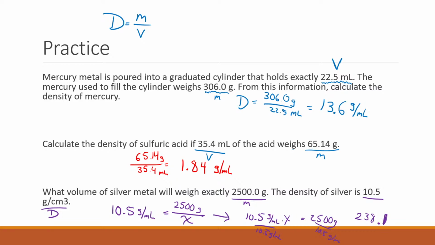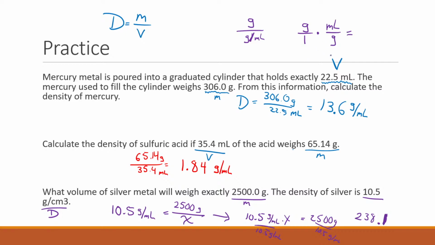And here, I'm going to do this up top here, when we have grams divided by grams per milliliter, grams are actually going to cancel out. We can treat this like dividing something by a fraction. So we're going to keep, multiply, flip.